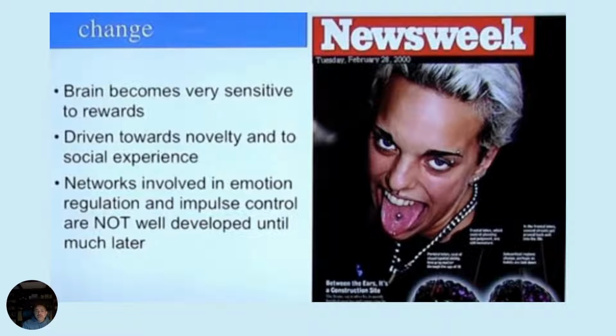The networks involved in emotion regulation and impulse control are not well developed until much later. So knowing that they are sensitive to reward, driven towards novelty and social experiences, and their emotion regulation and impulse control networks are not fully developed, there's a method to the madness, and that's how you learn to deal with that age group, and obviously to do things differently.